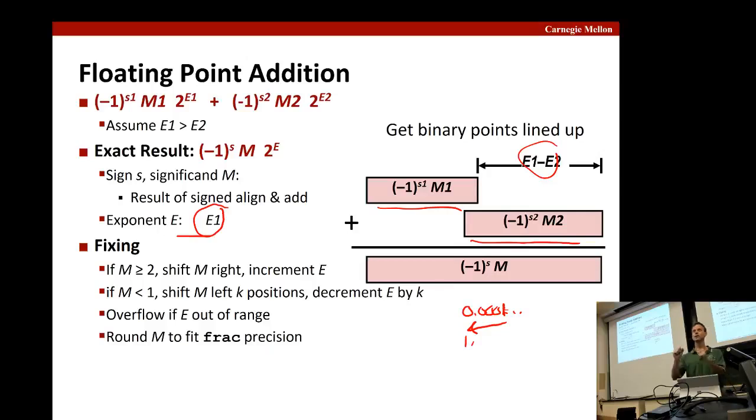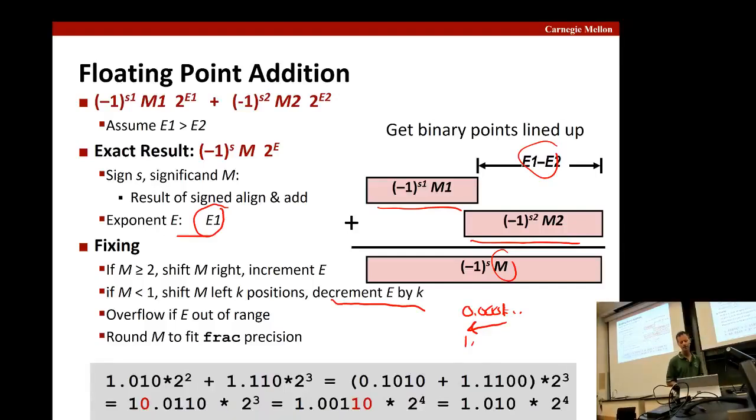And then to keep the exact same value, we have to decrement the exponent by how many positions we shifted. Okay. We're going to overflow if the exponent is out of range, and we again have to do rounding with the fractional part to make it fit. Round the significand m to make it fit.